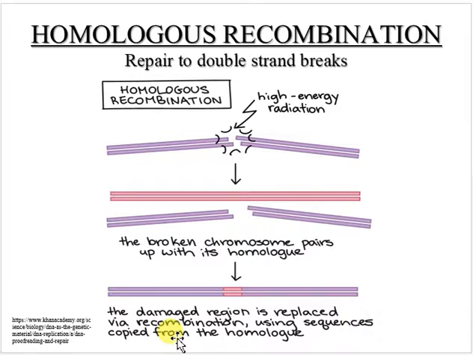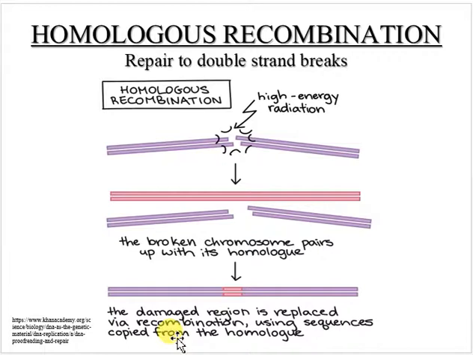So information from the homologous chromosome that matches the damaged one, in other words, you're using the sister chromatid if the DNA has been copied, is used to repair that break. In this process, the two homologous chromosomes will come together, and the undamaged region of the homolog, or chromatid, is used as a template to replace the damaged region of the broken chromosome.